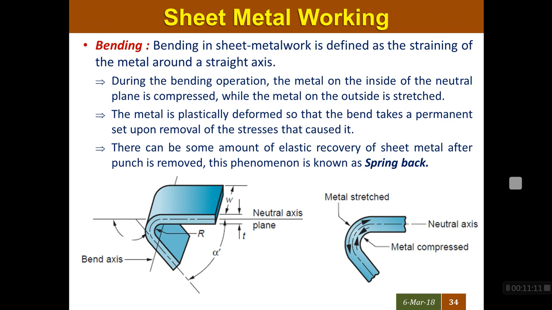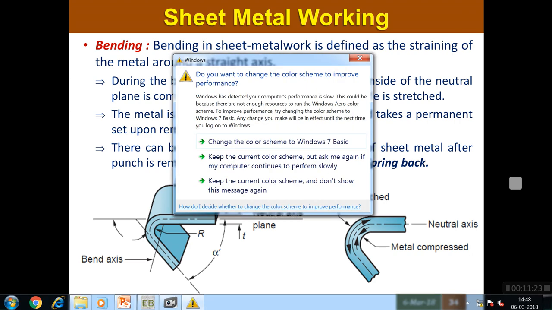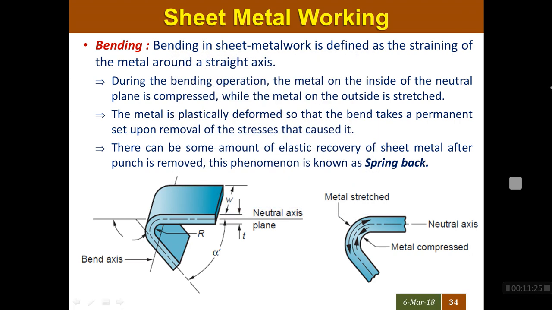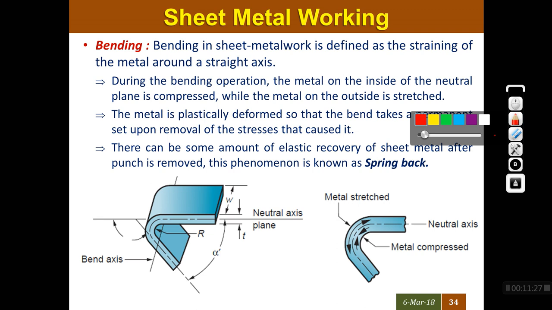A neutral axis is the axis along the center of the sheet metal thickness. At the bend section, on the inner side, the fibers are compressed, so you can observe their compressed position.